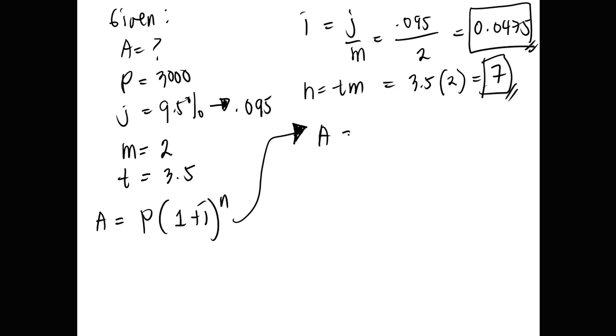Okay. And then, after that, substitute and then solve. So, for the future value, we have our P, 3,000 pesos, times 1 plus our i, 0.0475, raised to n, which is 7. And then, perform the indicated operation by following the PEMDAS rule.